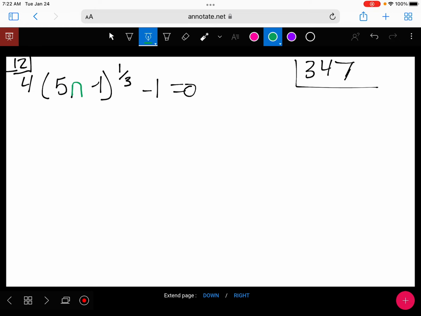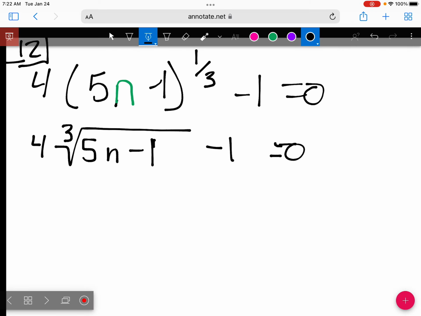Fractional exponents mean the exact same thing as a cube root. So if you are one of those people that prefers a cube root, do that. 4 times the cube root of 5n minus 1, minus 1 equals 0. It means the same exact thing.